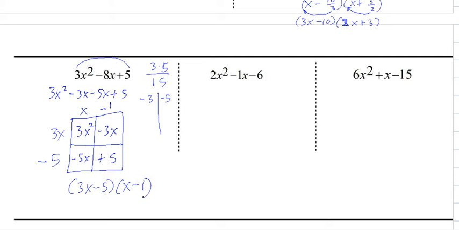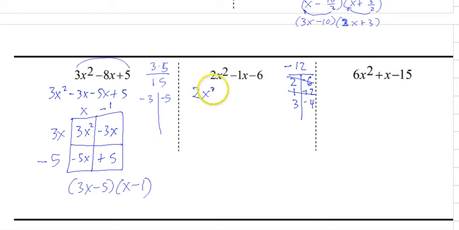Okay, let's do one more. So 2 times negative 6 is negative 12. And factors, well, we'll start with the 2 and 6 again. Make that one negative. Yeah, that's definitely not 1, so we cross that off. 1 and 12, that's a no. 3 and 4, there it is.